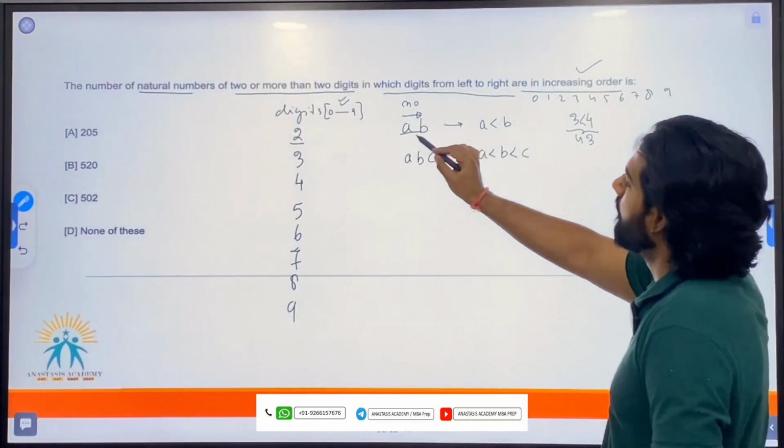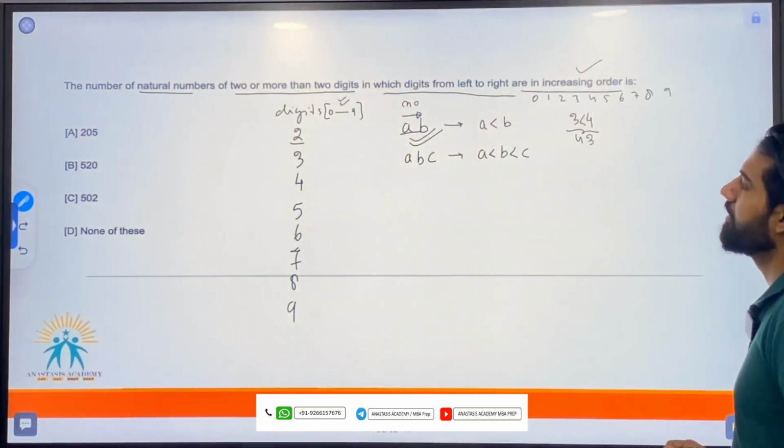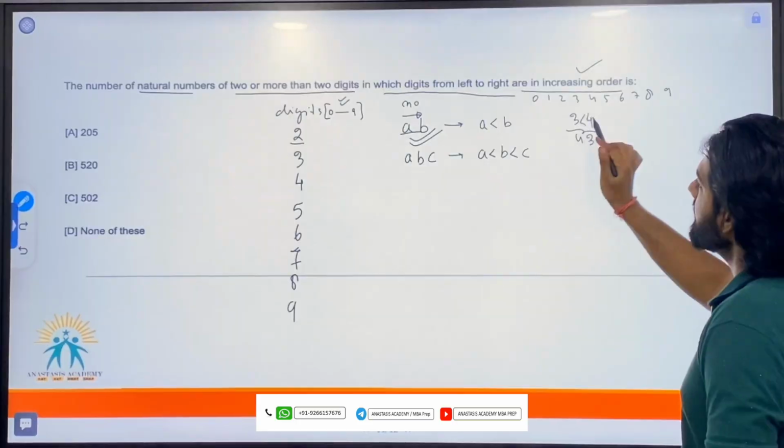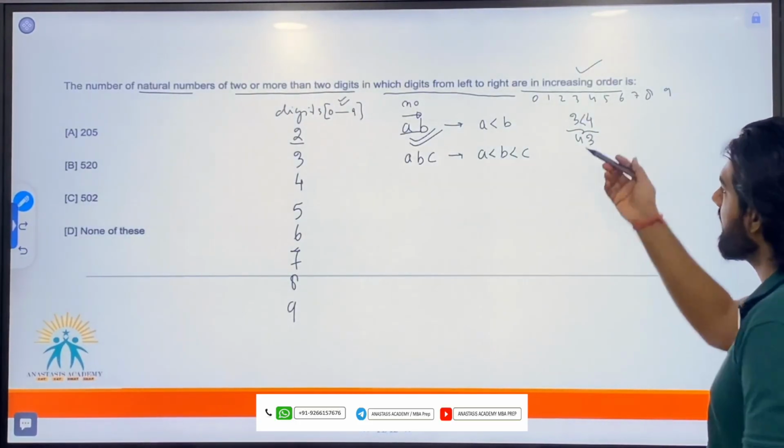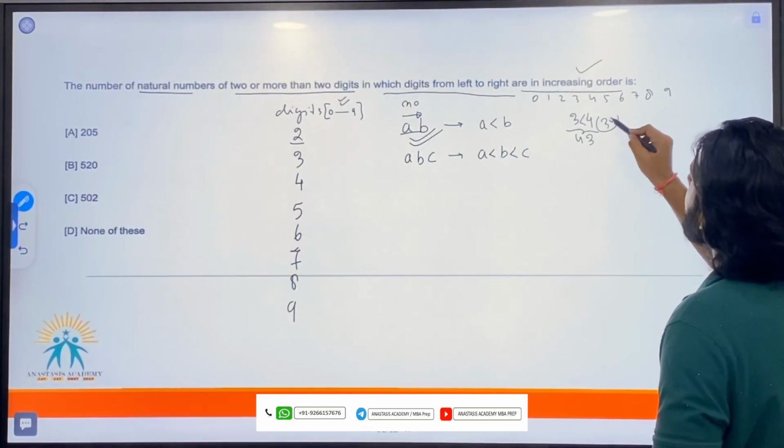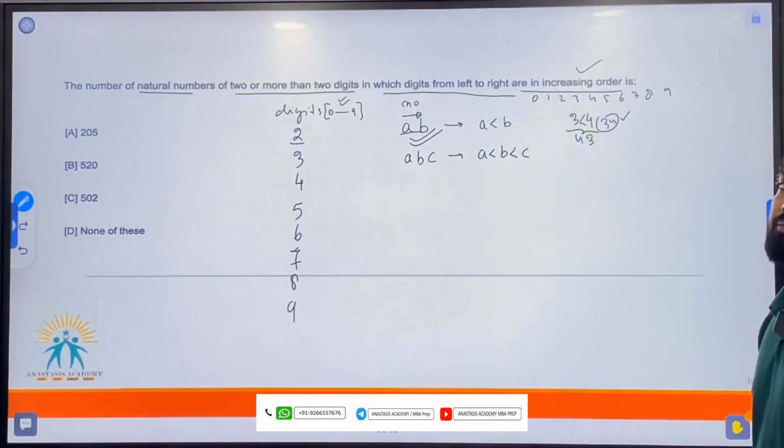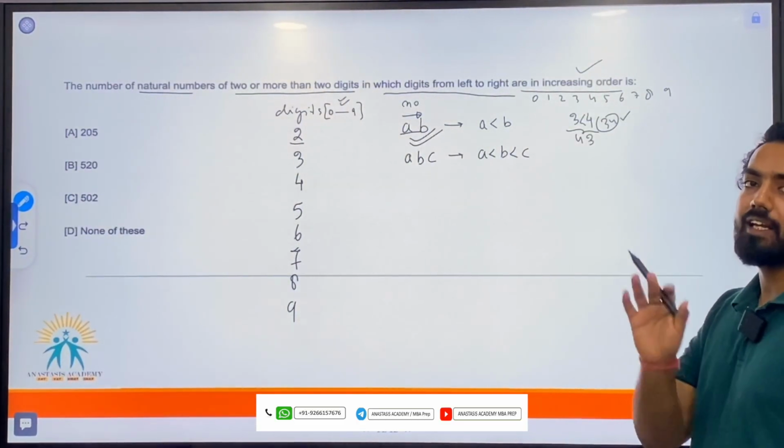But only one case would be acceptable, in which B is greater than A, and that number would be 34, right? So I get one such number on selecting any 2 digits.